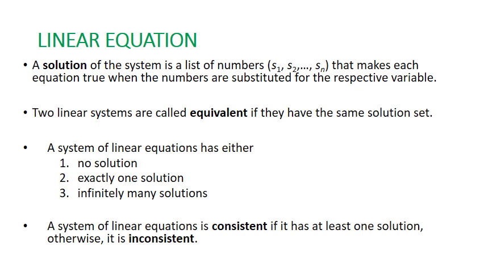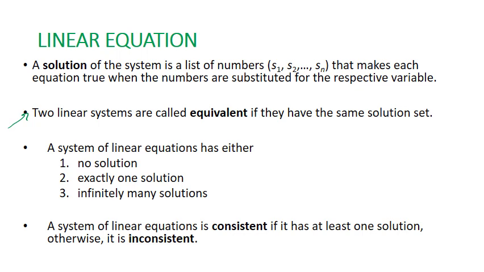Recall, a solution of a system of linear equations is all of the values that make the equation true. And the nice thing about these problems is that you can check every single answer that you come up with. Two linear systems are considered equivalent if they have the same solution set.